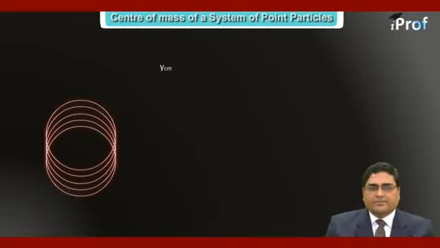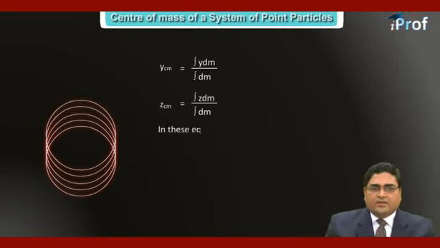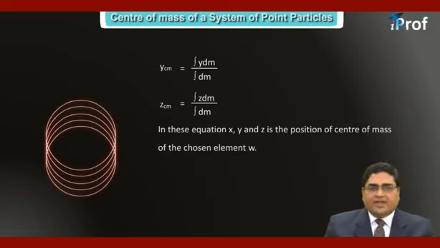Similarly, y_CM is equal to integration y dm upon integration dm, and z_CM equals integration z dm upon integration dm. In these equations, x, y, z are the position of the chosen element with respect to the reference point.